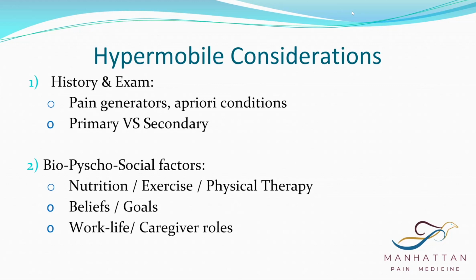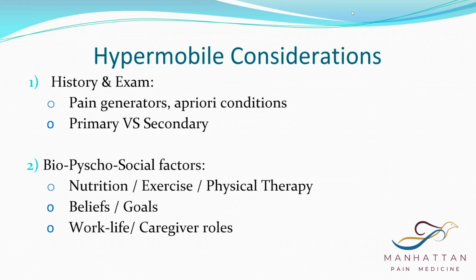And then there are caregiver roles that I like to talk about a lot, and that can mean for a child or for pets, which both involve a lot of bending and picking up things, which for patients with hypermobility can strain a lot of joints in the back, the hips, the knees, neck, and shoulders.